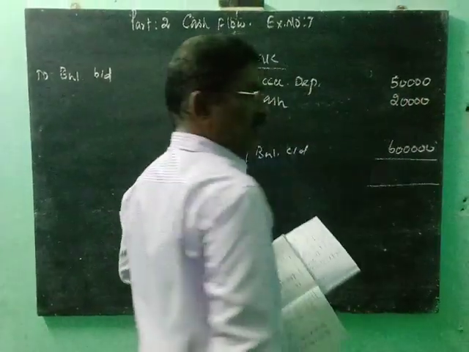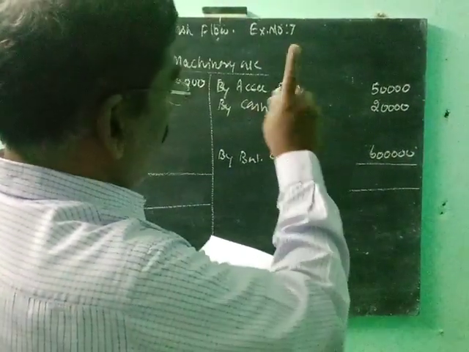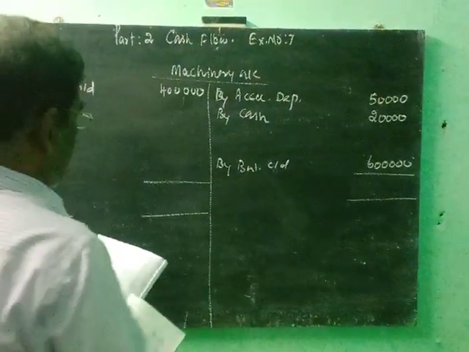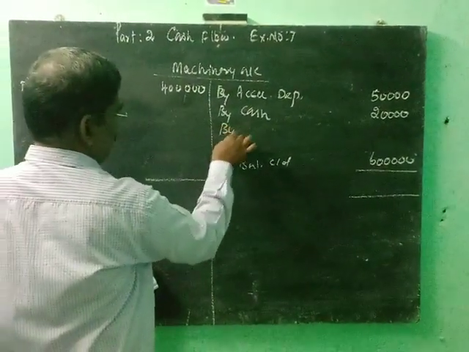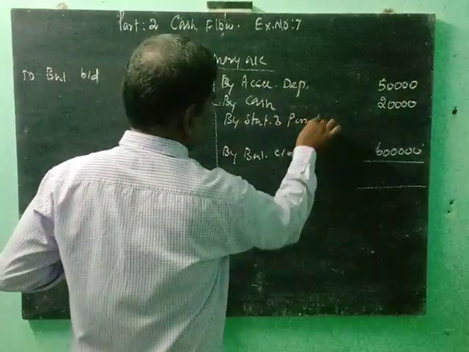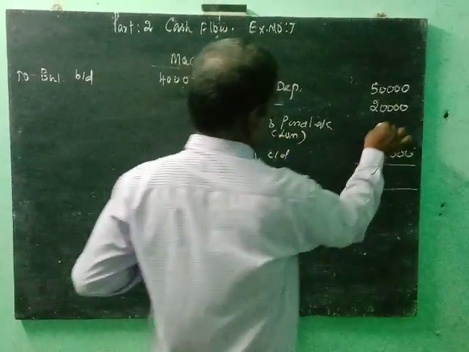So the machine product cost is 80,000, out of which 50,000 as accumulated depreciation, sold for 20,000. So the remaining 10,000 is loss on sale, statement of P&L account, that is loss on sale, that is 10,000.